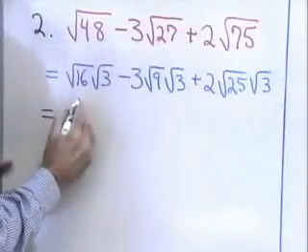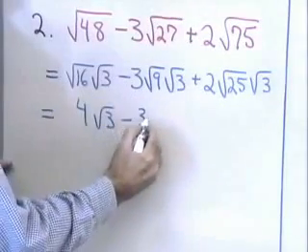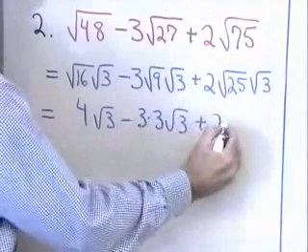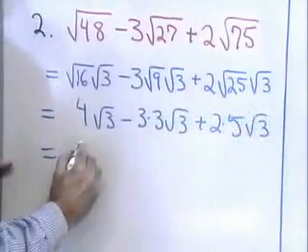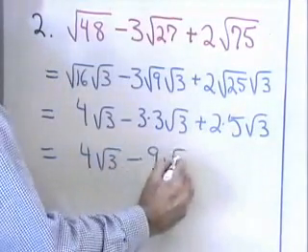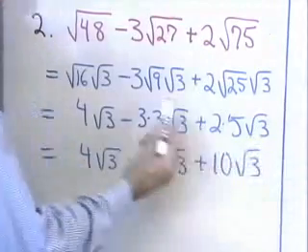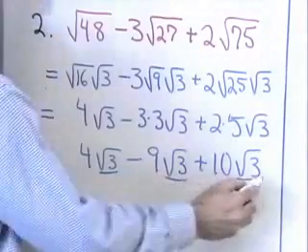So now I have 4 square root 3 minus 3 times 3 square root 3 plus 2 times 5 square root 3. And this is probably more steps than you want to show on a problem like this, since you're probably pretty good at simplifying these radicals right now. Now you see I have the same radical in all three expressions.